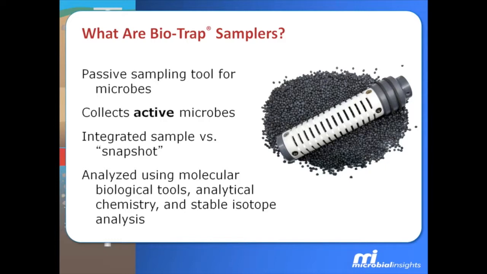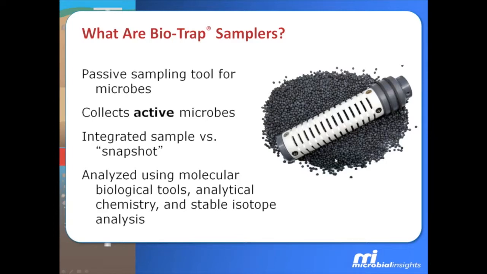It's important to understand what it is that a biotrap will collect. As I said, during the incubation period, biofilms are formed on the inside of these beads. Biotraps collect only the active component of the microbial population in the environment that's being sampled.